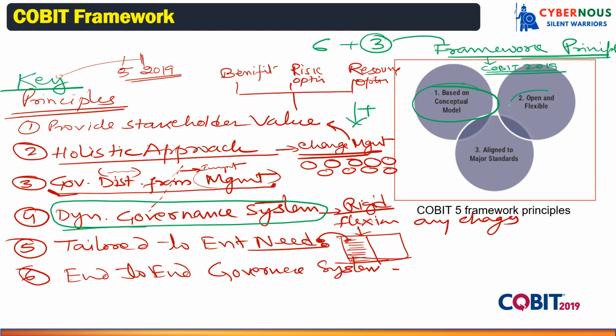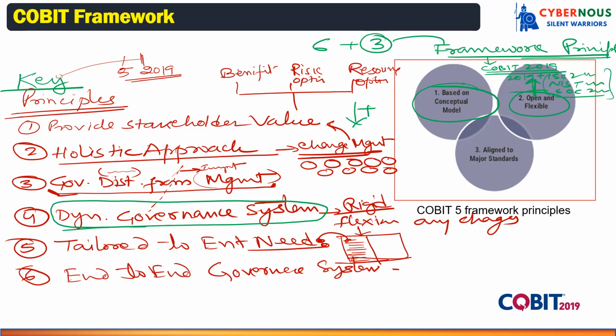It is open and flexible. Open means you can have COBIT 2019 plus ISO 27001. You can implement it with the NIST framework. You can do it with SOC 2 Type 2, whatever framework you want to implement. It is open to being adapted with that. It's a framework principle, which is why we call it a framework.